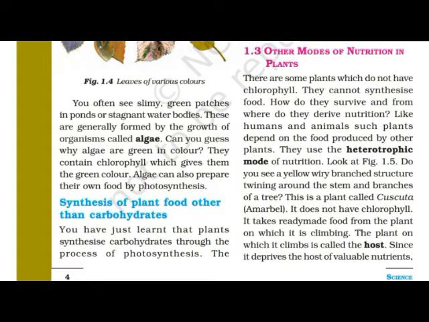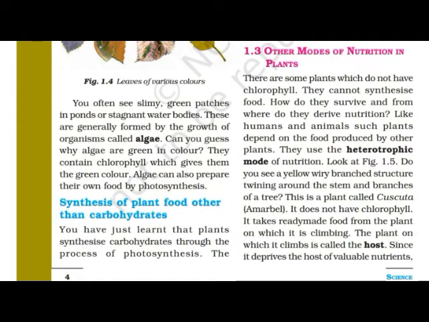Observe it. The yellow tubular structures are nothing but the plant called cuscuta, and the green big tree. Here, no need to mention the name, but you can understand the most important example of the heterotrophic mode of nutrition, that is the cuscuta.